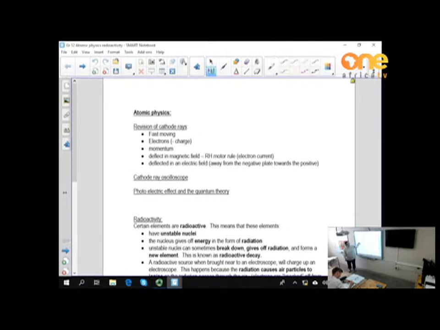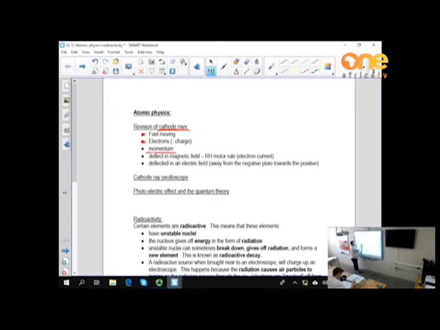Cathode rays, we said, what are these cathode rays? Remember, we had to heat up a filament with a high potential and it would give off electrons. We said they are fast-moving particles. They have a negative charge, fast-moving electrons. They have momentum. Can you remember the Crookes paddle that could start rolling when the electrons went smashing into it?